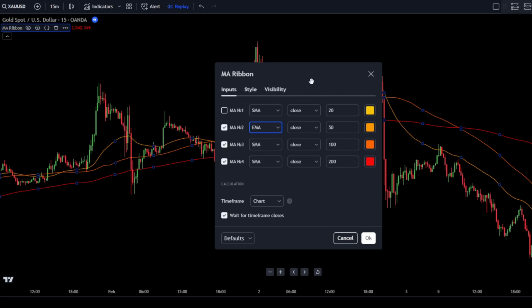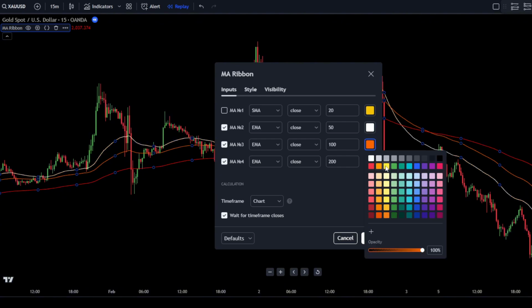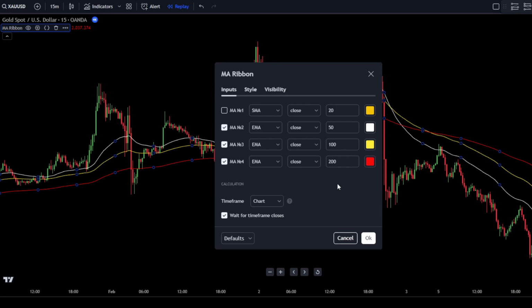Do the same for EMA number 3 and EMA number 4, setting them to 100 and 200. For the indicator colors, adjust them to your personal preference. Once you're done, just click OK to confirm the changes.